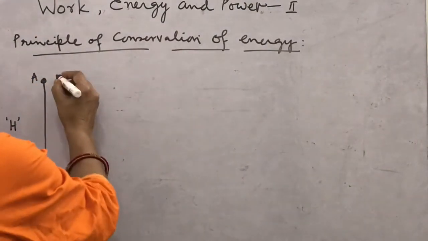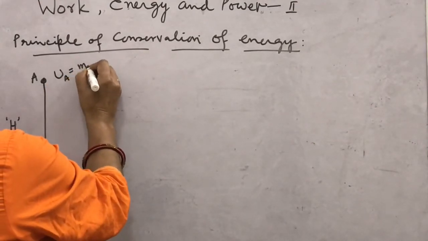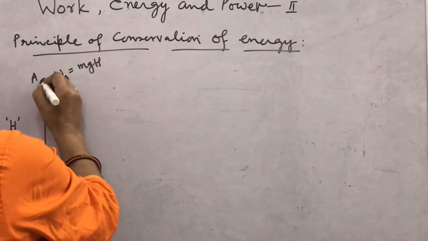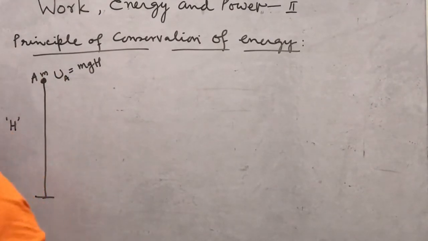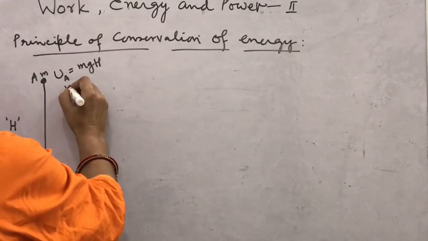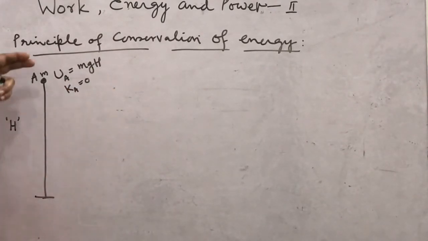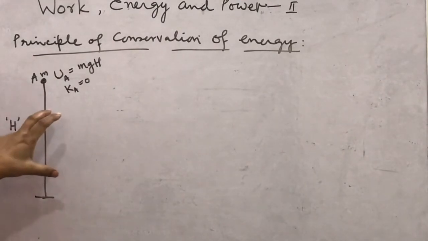Potential energy, and the potential energy at A will be mgh, where m is the mass of the object. Since the object is at rest, its kinetic energy is 0.